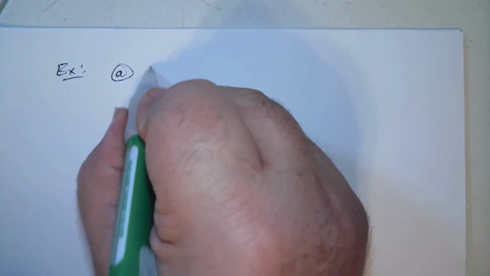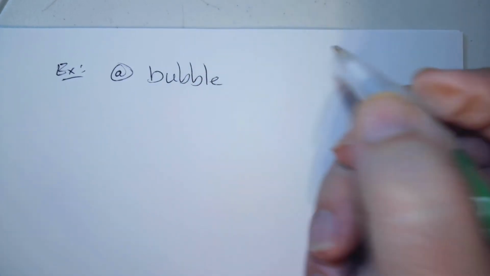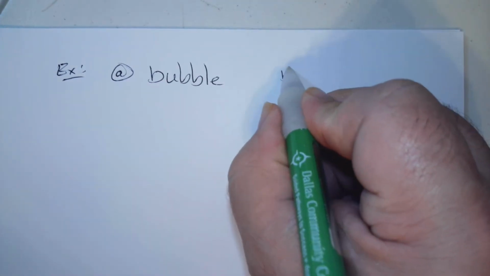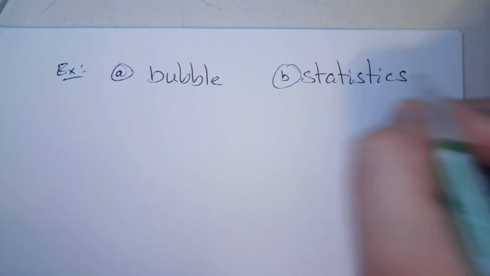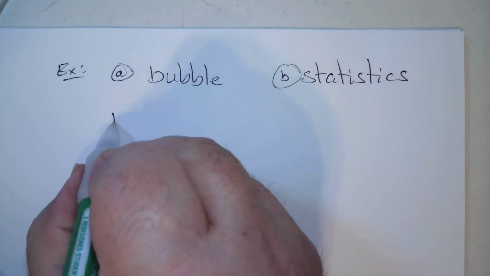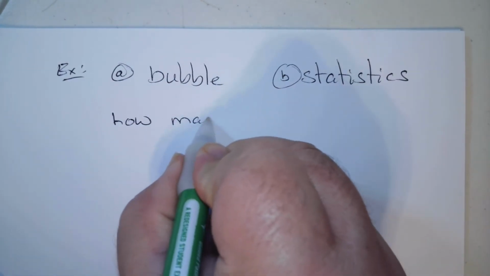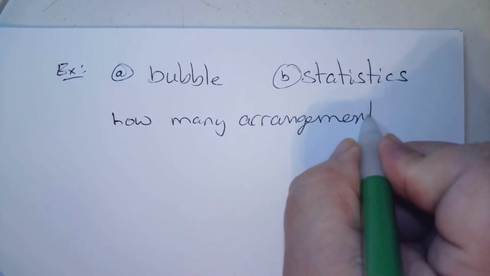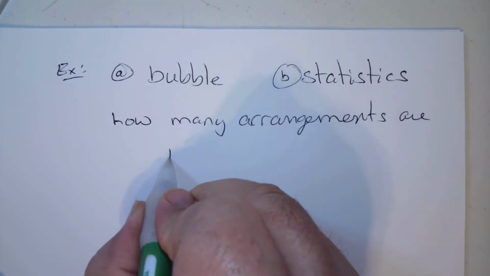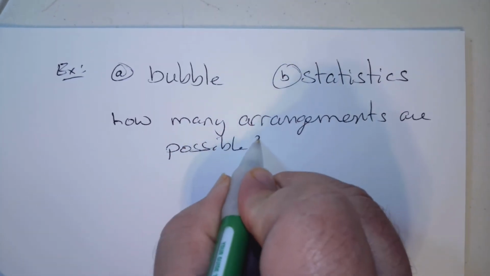So let's look at the example here. You have the word bubble, and you have the word statistics. How many arrangements are possible?